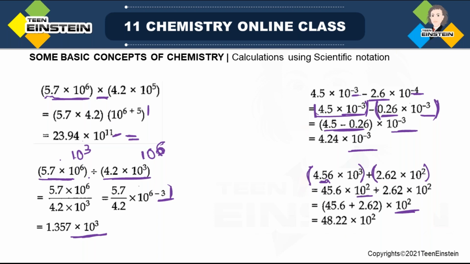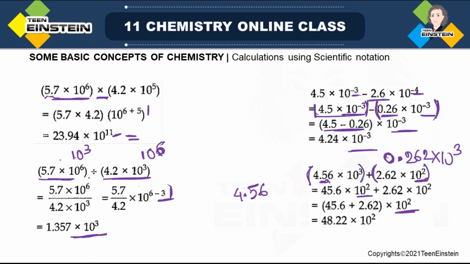Now another way you can do it. Suppose you are not changing the first term, so it is still 4.56. But for the other term, if you are changing this 2 to 3, it will be converted to 0.262. Sorry, it is a multiplication sign. 0.262 times 10 to the power 3.